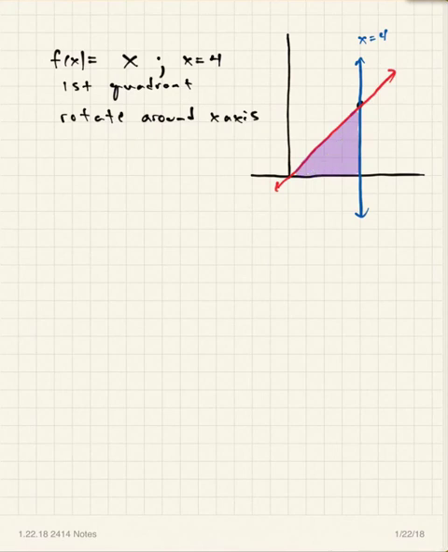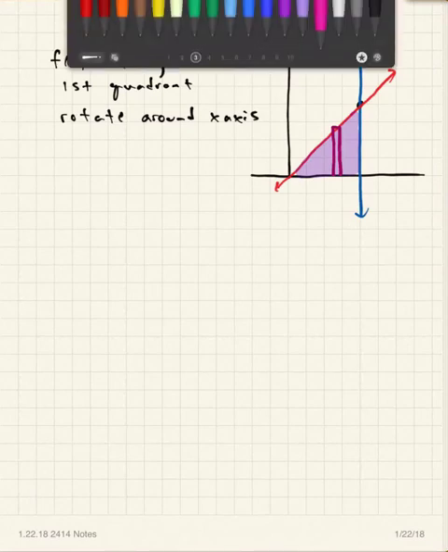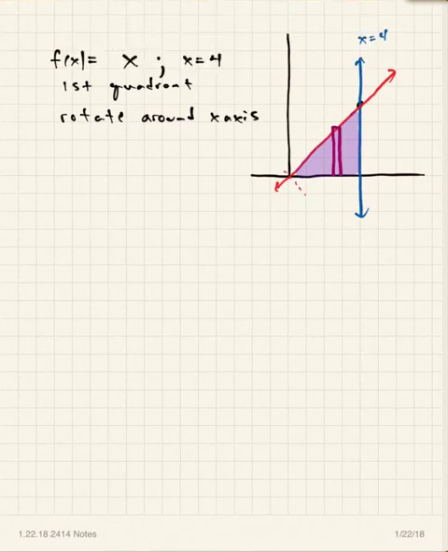When we rotate around the x-axis, we're going to identify a representative rectangle, an approximating rectangle inside there, and we're rotating that rectangle around the x-axis. The cross-section in this case, if you're looking at the solid that you're generating, is the cross-sectional piece right there. You've got this piece like this, and you're rotating around the x-axis.